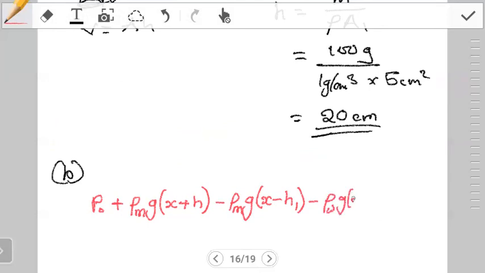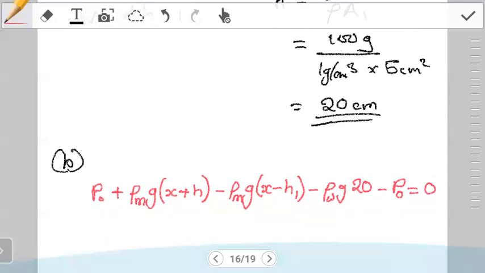Now the height of water we got from the previous question. That is 20 centimeters. I'm using 20 centimeters because the density of mercury is given in grams per cubic centimeter, so I'll use the density of water in grams per cubic centimeter as well. Lastly, the atmospheric pressure on the right arm, also negative, and then everything equates to 0 since these fluids are at rest.